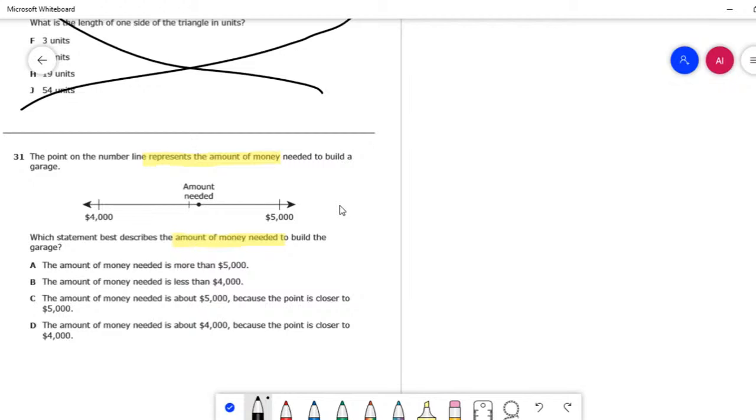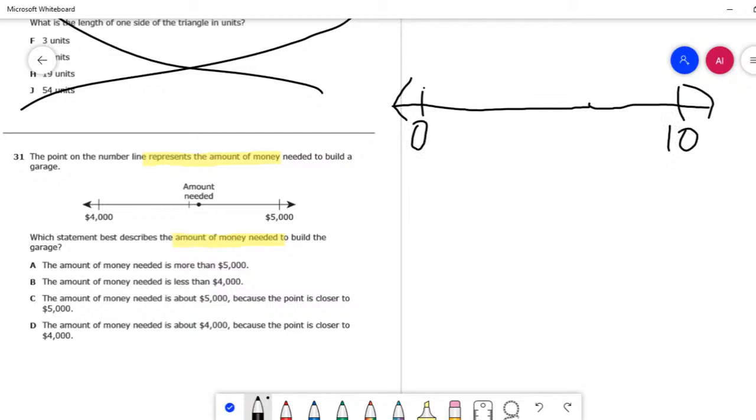So what is a number line, first of all? Let me just draw out a sample number line to show a basic idea of how we can use a number line. Let's just make a basic number line for now. So we'll make 0 all the way to the left and a number 10 all the way to the right. The goal of a number line is pretty much to represent where a number is relative to other numbers.